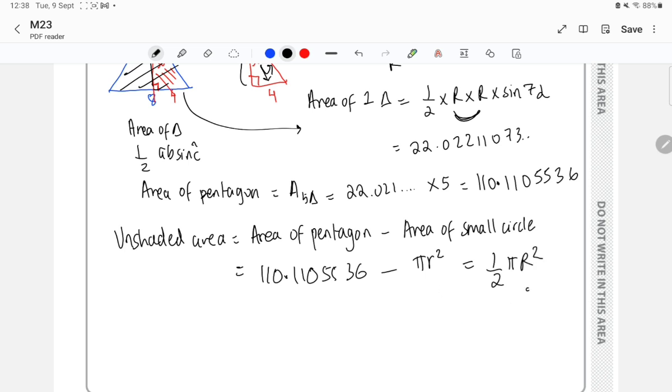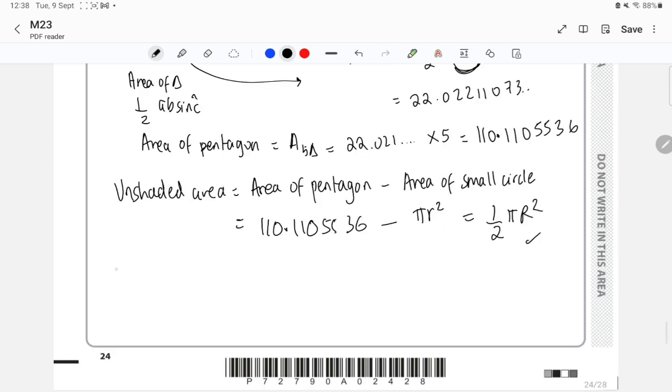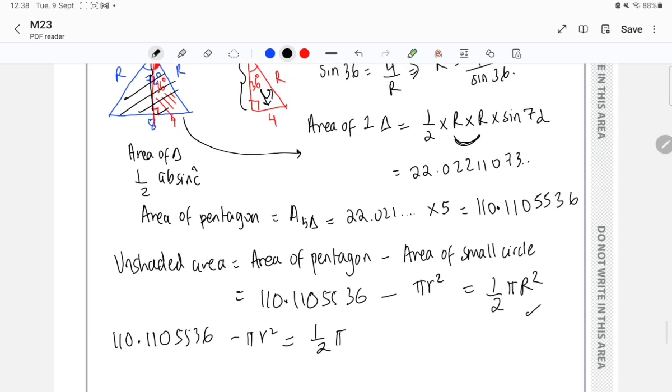Now I know my value of big R squared, so I will solve this equation to find my small r. Okay, let's try to do this together. So 110.1105536 minus pi times r squared is equal to half times pi times, what was my R?